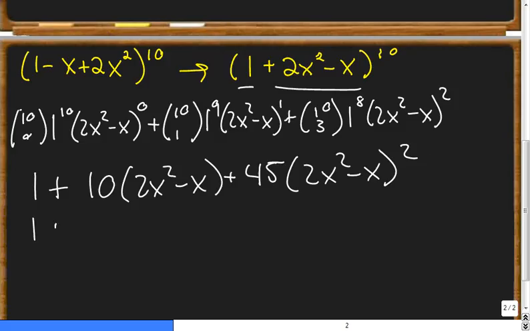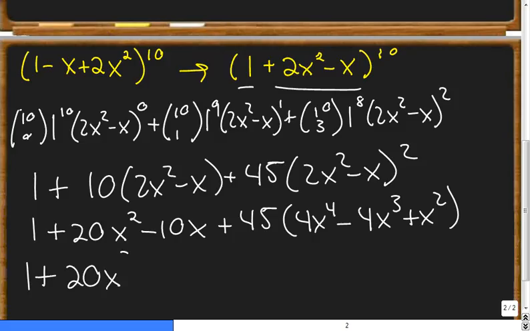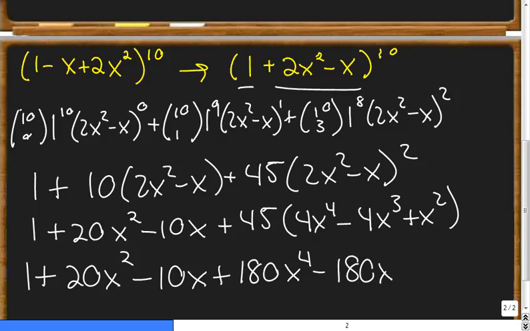This is 1 plus 20x squared minus 10x. This is going to be plus 45 times 4x to the 4th minus 4x cubed plus x squared. And so if we just keep simplifying, this is 180x to the 4th minus 180x cubed plus 45x squared.